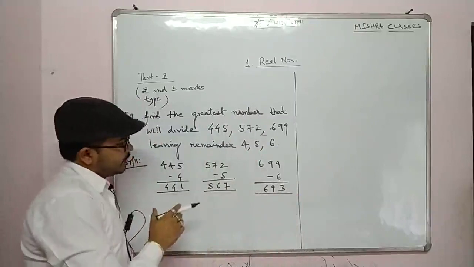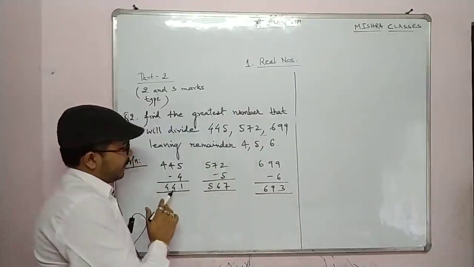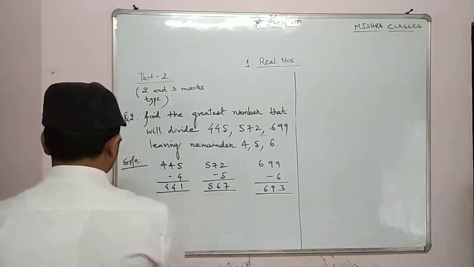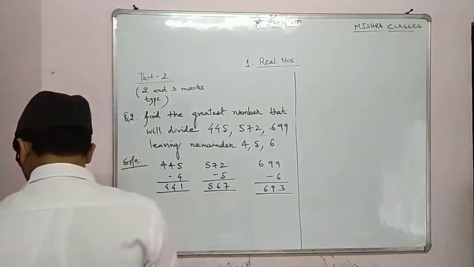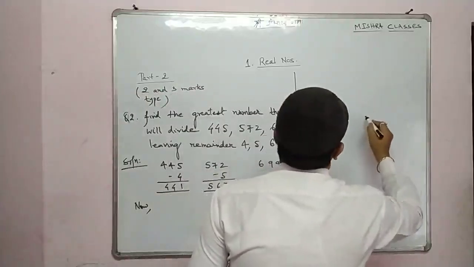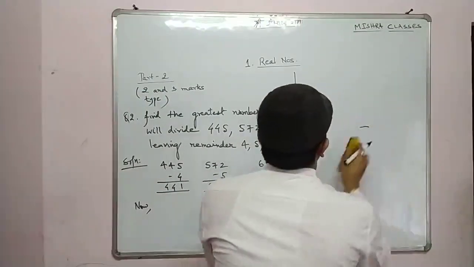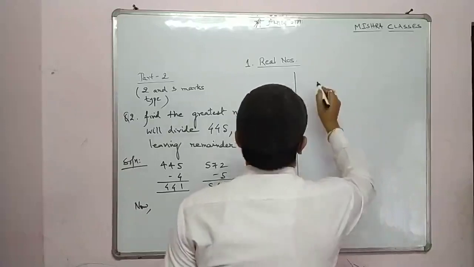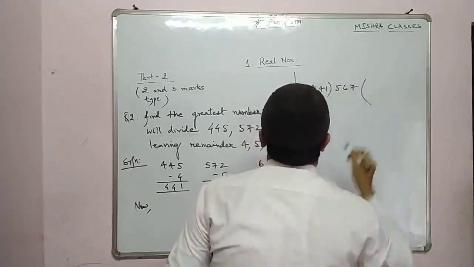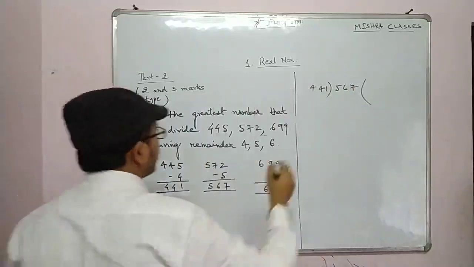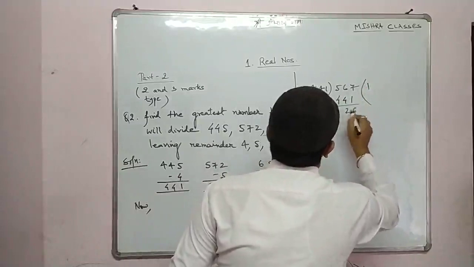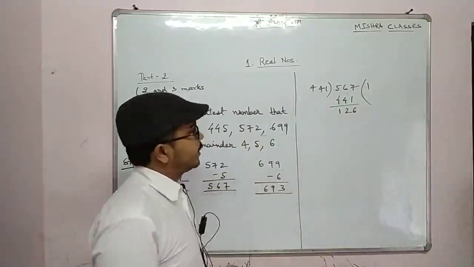Now we'll select two numbers and find the HCF of 441 and 567. So 441 1 are 441, 7 minus 1 is 6, 6 minus 4 is 2, 5 minus 4 is 1.